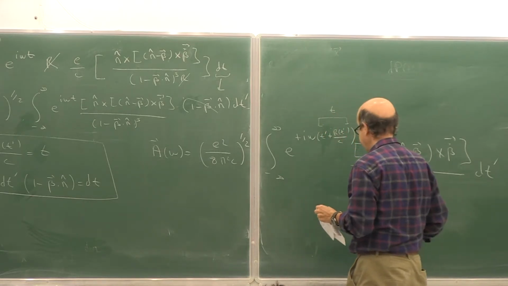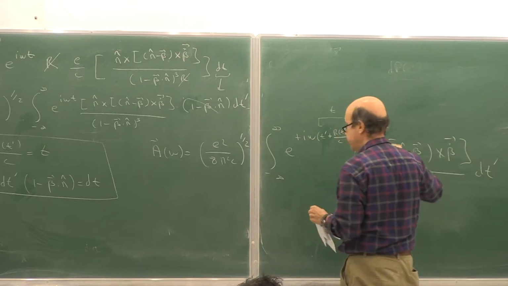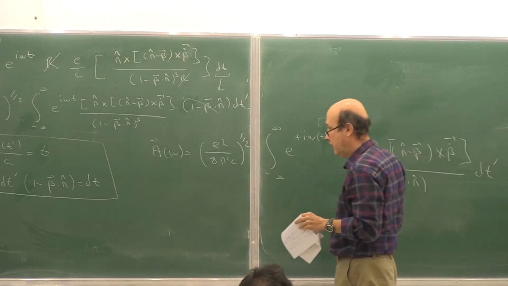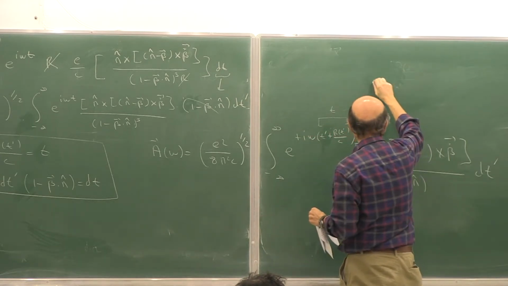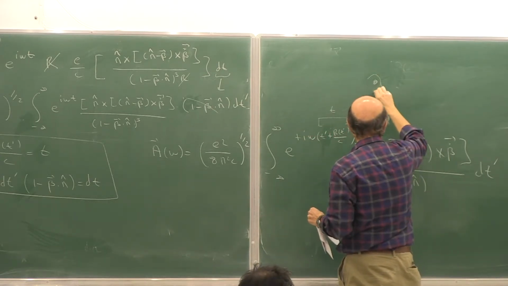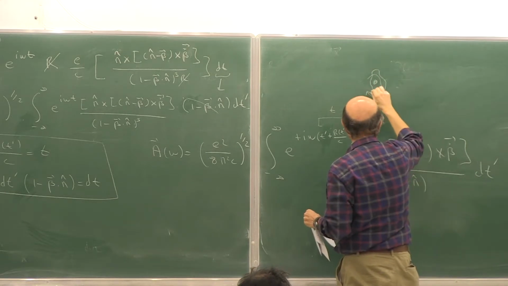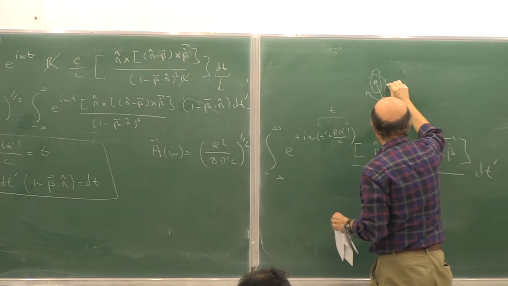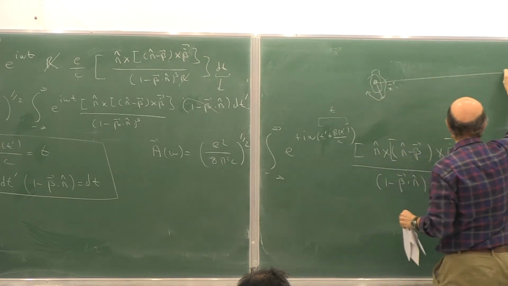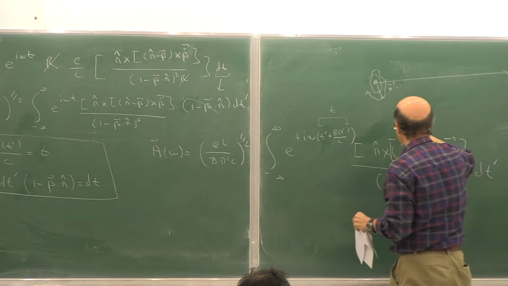Then we can do one more trick here. The trick is the following. If I look at the radiation in the far fields, suppose that the charge location is somewhere else, and this is the charge location x prime, and this is our point of interest.